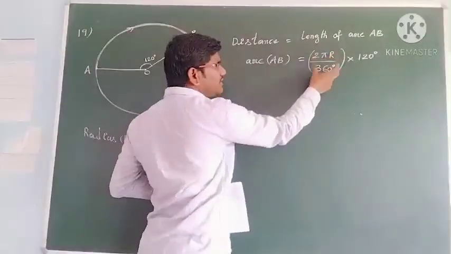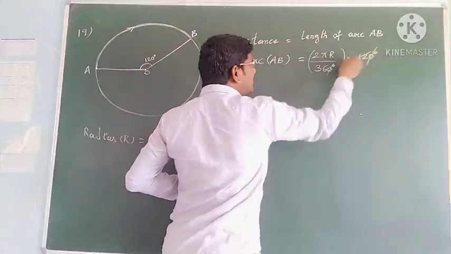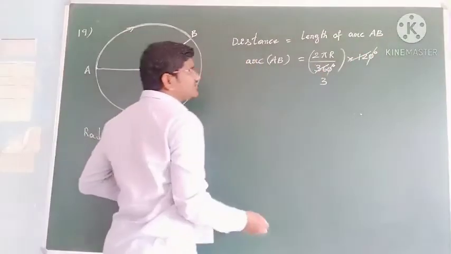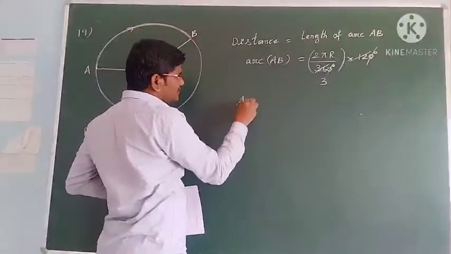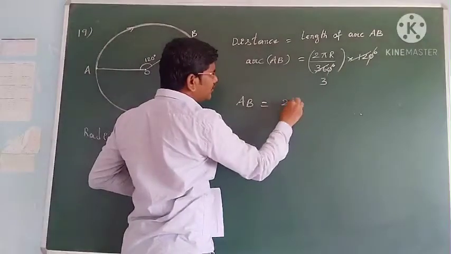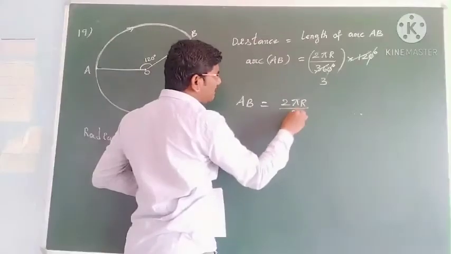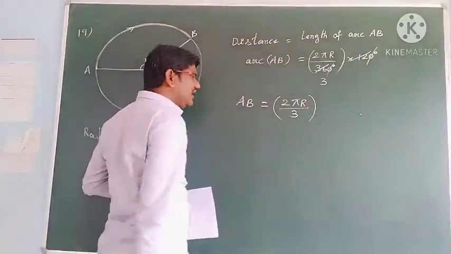For 1 degree it means 2 pi r by 360, and for 120 degrees we write 120 here. This 0 gets cancelled, 12 3s are 36. So arc length AB is equal to 2 pi r by 3.